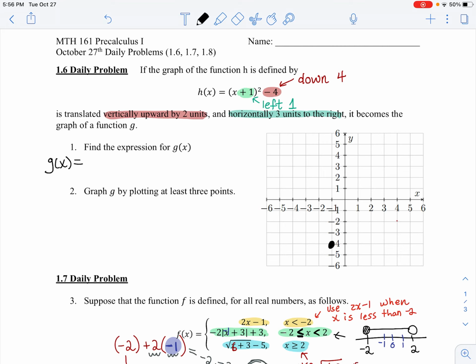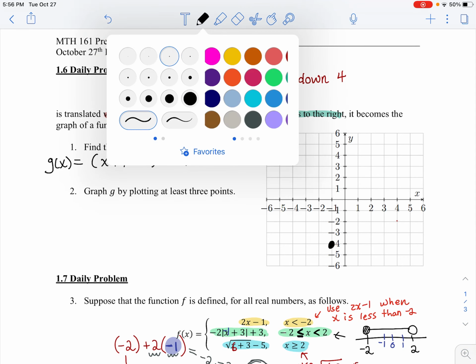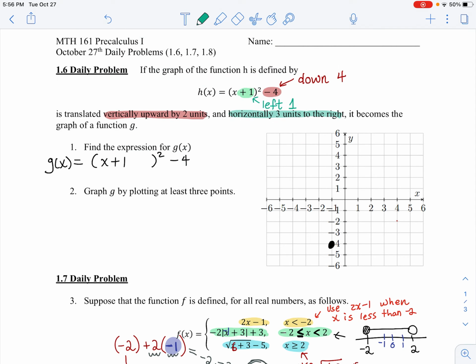So here's g of x. G of x is moving the original h of x. So guys, if you take a look, I wrote down h of x, but we're moving this graph 3 units to the right. So what are we going to do? We're going to subtract 3 inside.